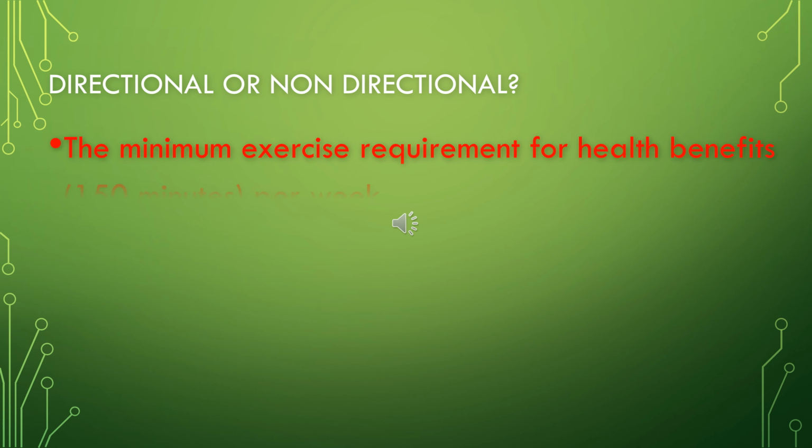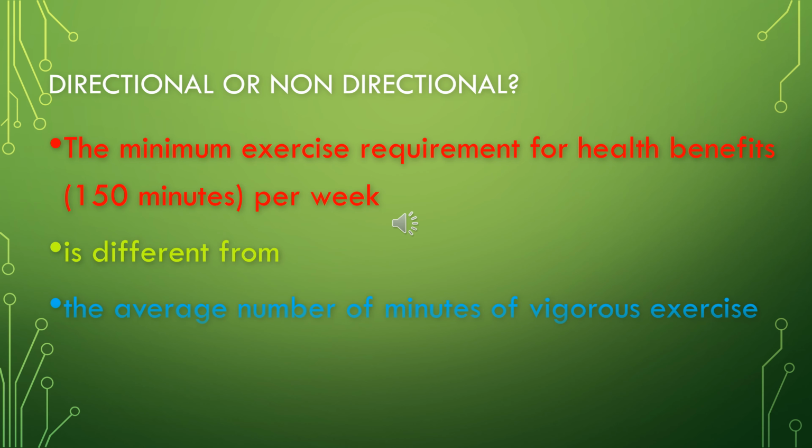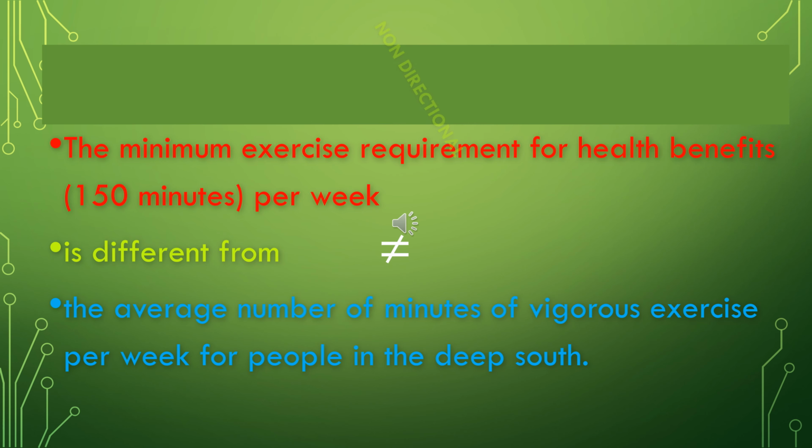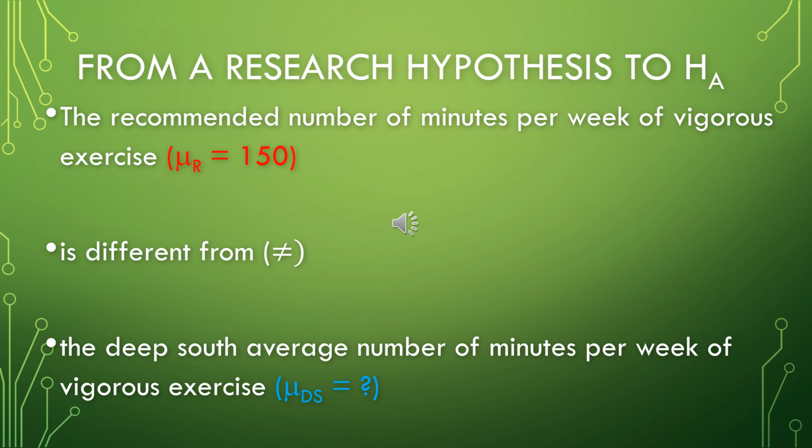Is this a directional or non-directional research hypothesis? When we move from a research hypothesis to a statistical hypothesis like the alternative hypothesis, we remove the words and tell our story, what we think will happen, with parameters and symbols.